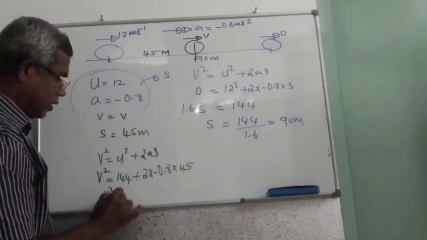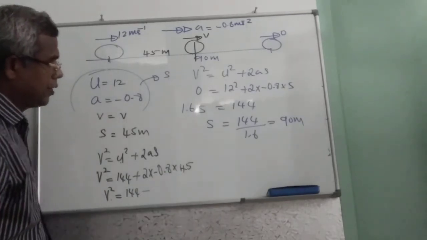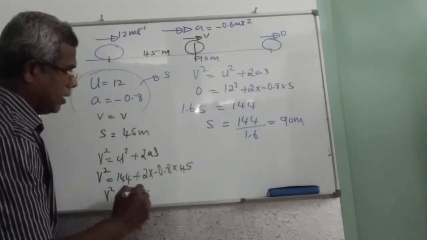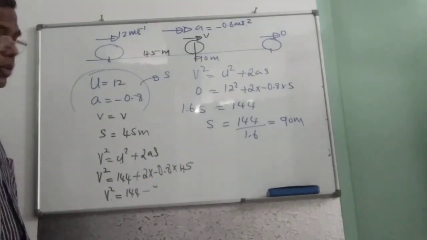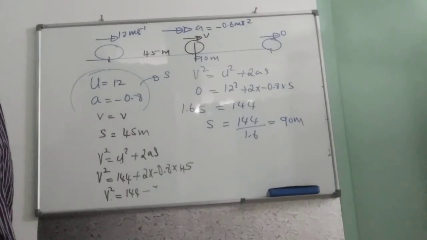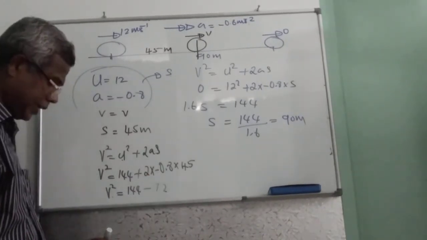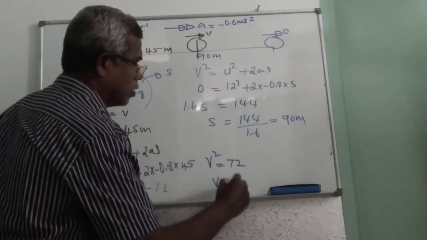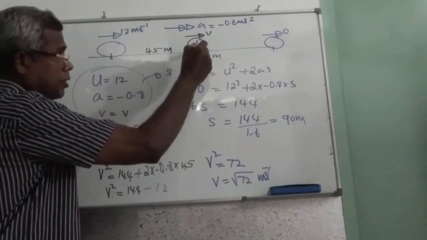So v squared is 72, and v will be the square root of 72. That is the final speed at the midpoint.